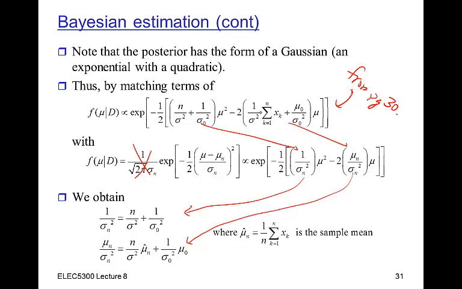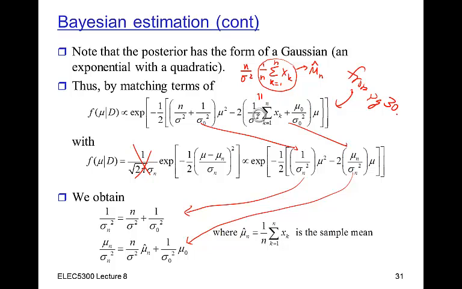In order to get this, I'm going to rewrite this one as n divided by sigma squared times 1 over n times the summation of k equals 1 to n of x_k. All I've done is multiply and divide by n, but this thing here is the sample mean of the n pieces of data. So I'm going to call this mu n hat for the sample mean.